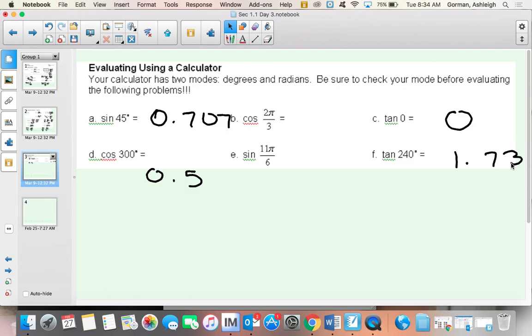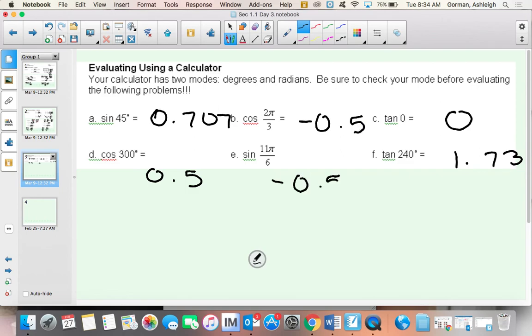Charlie, what'd you get? Negative 0.5. Yep, negative 0.5 or negative 1/2. And sine of 11 pi over 6. Got it, Charlie? Negative 0.5. Yep, it's also negative 0.5.